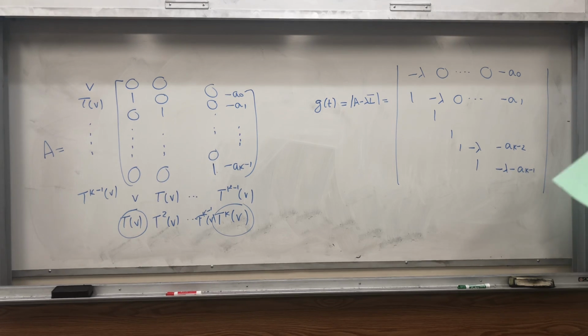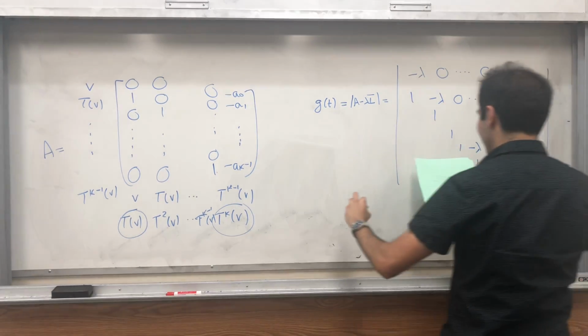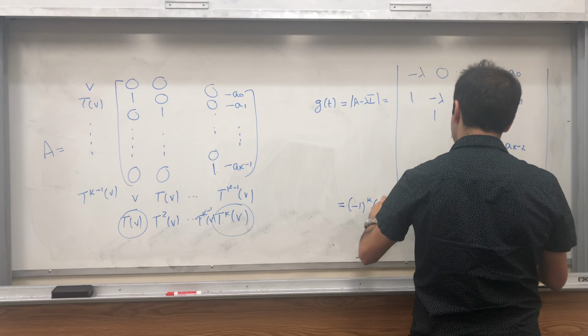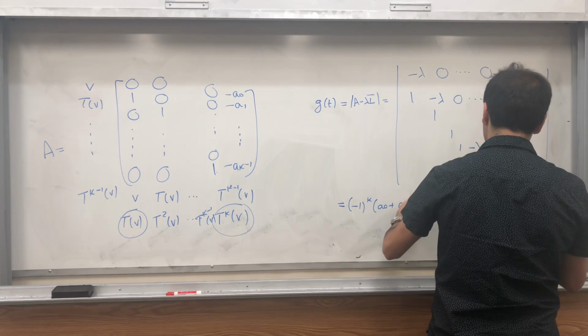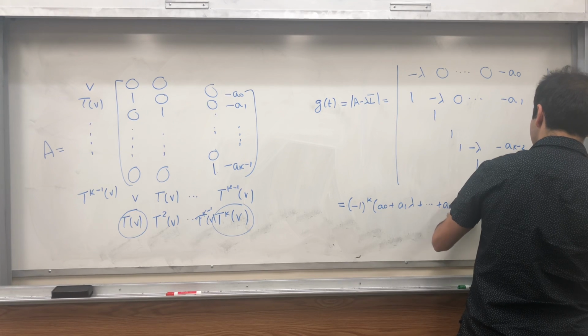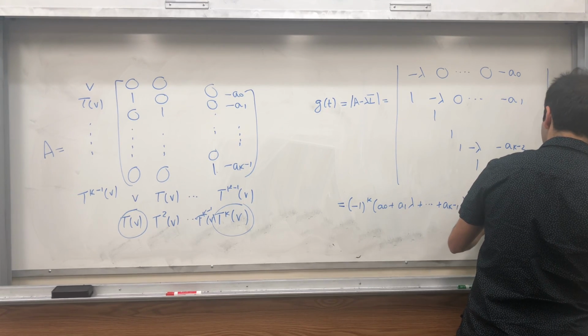And it turns out this determinant is equal to precisely what we want: (-1)^k (a0 + a1 lambda + ... + a_{k-1} lambda^{k-1} + lambda^k).